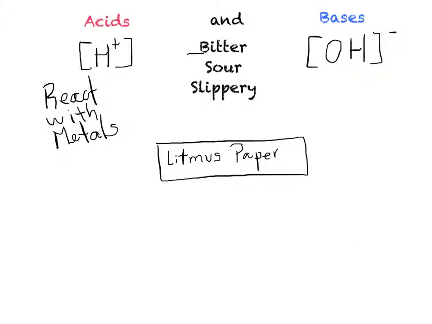If this litmus paper is in contact with a base, the paper is going to turn blue. On the other hand, if this litmus paper is in contact with an acid, the paper will become red. So you can easily use litmus paper to help you identify if you are in the presence of an acid or a base.